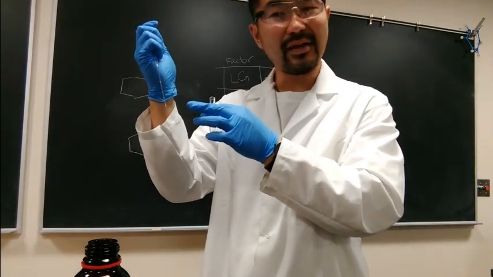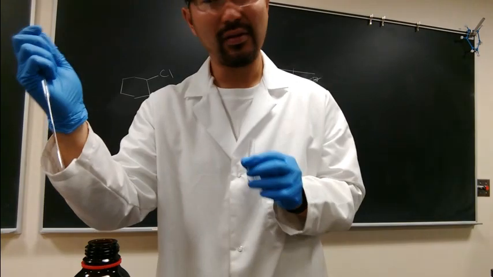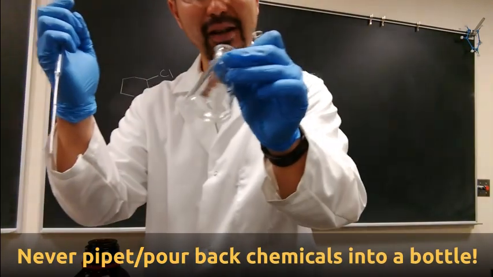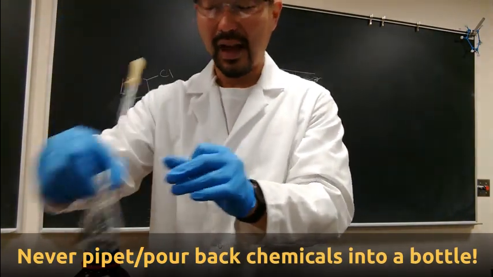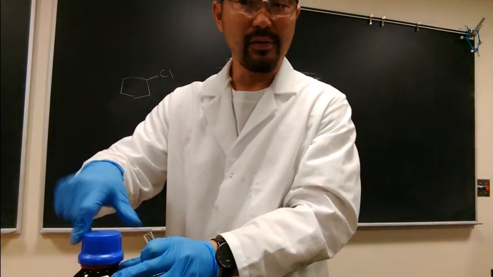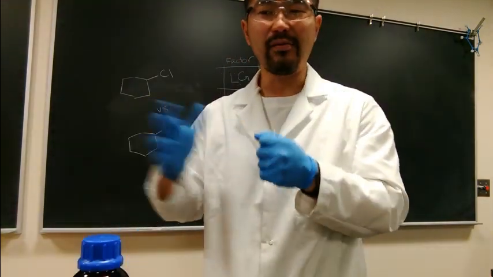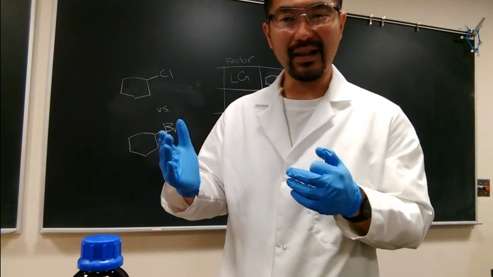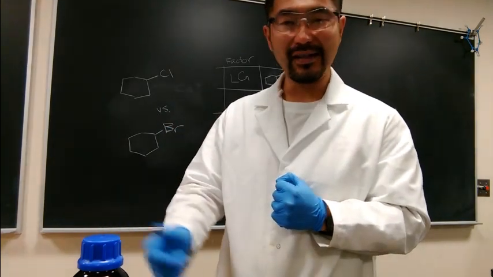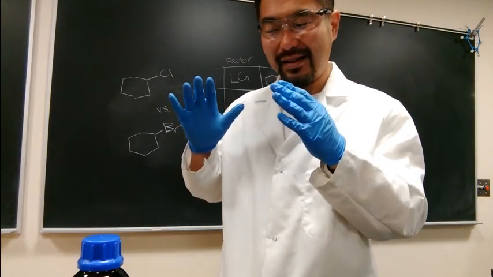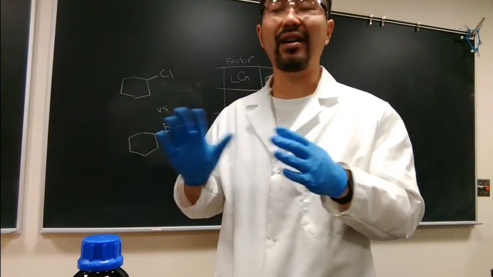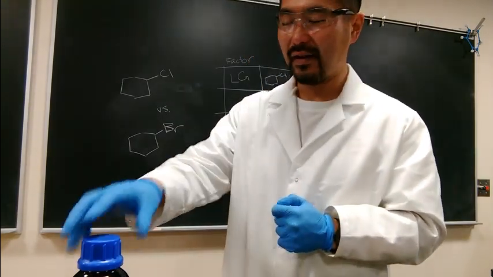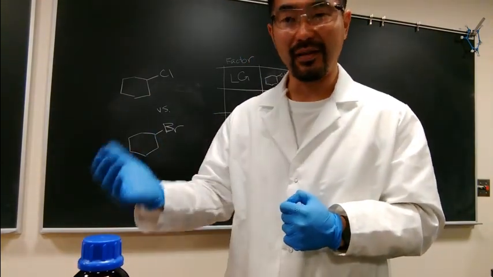Now I actually have some excess here, and that needs to go into a waste container, and here I have a waste container just for this purpose. Remember the rule that no chemical should ever be poured back or pipetted back into the bottle that it came from. Yes, it does cost some money to get rid of chemical waste, but that cost does not even remotely compare to the cost that would be incurred if any of the reagent bottles were contaminated.